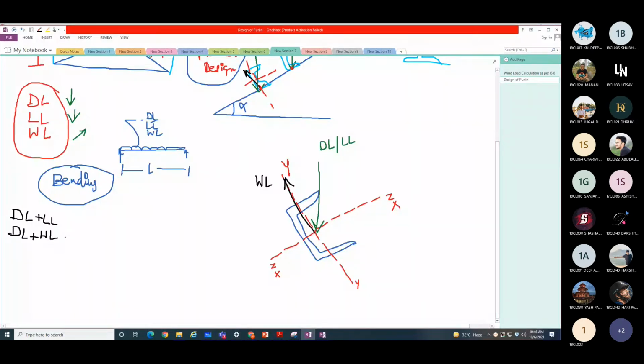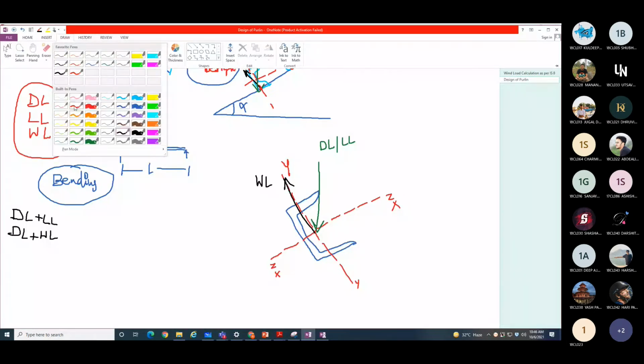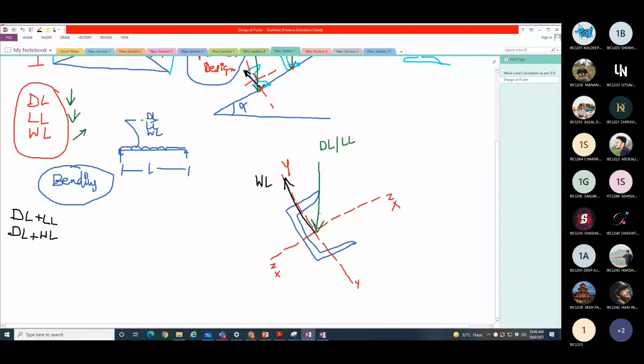Yes, ma'am. So to do the load combination, the forces must be of the same nature. Now here we require to see the theta angle. What will be this angle?